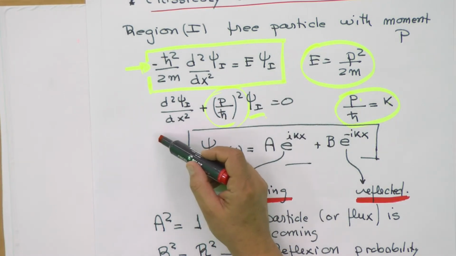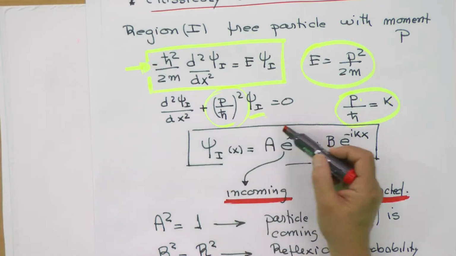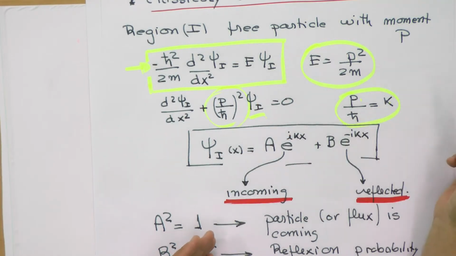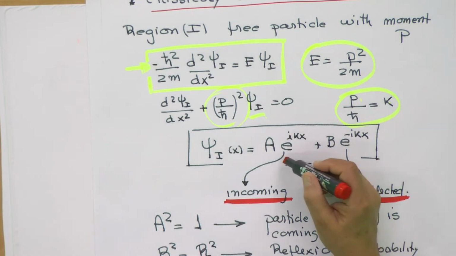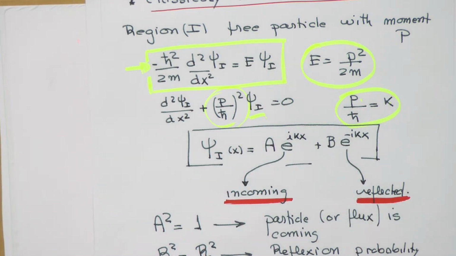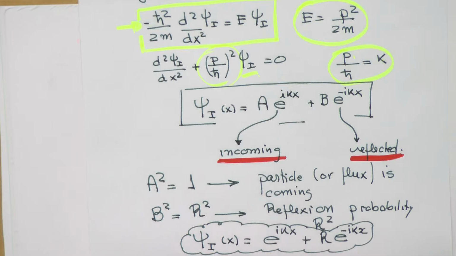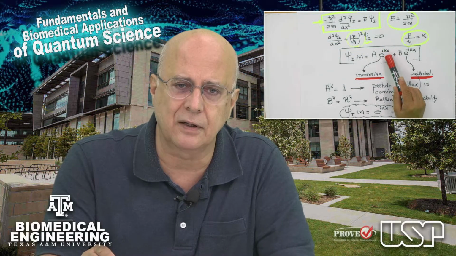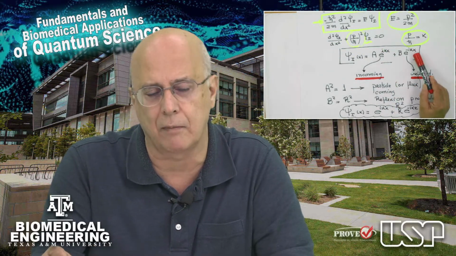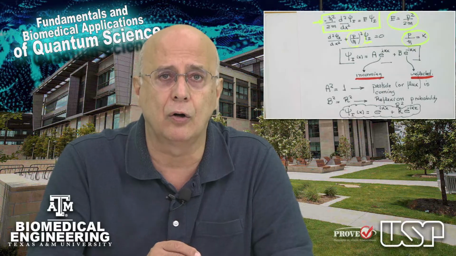So you get minus k squared plus k squared times the function, and that's 0. This is a very nice way to represent free particles, and you have to know by heart that whenever you have free particles, you can put this, and depending on the momentum direction, you can have either ikx or minus ikx in the exponent.